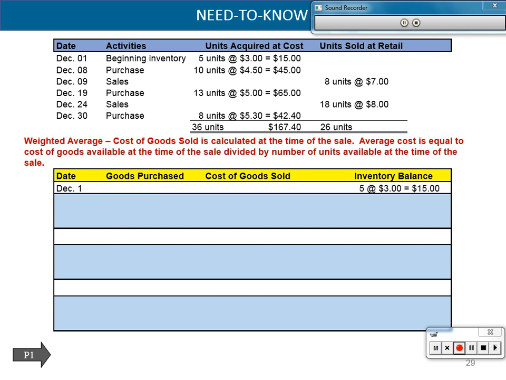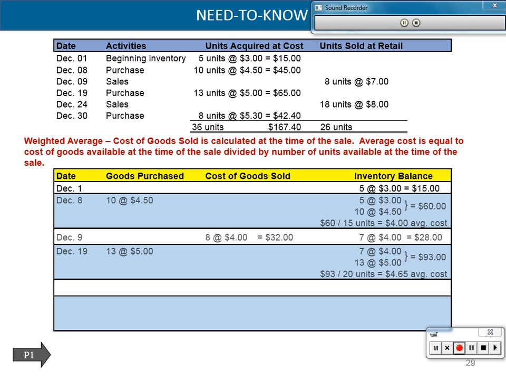What about weighted average? We didn't sell anything until December 9th, right? So when we sold on December 9th, those 8 units, we had to figure out what price to sell them for, right? We started off with 5 units at $3, then purchased 10 on December 8th at $4.50.